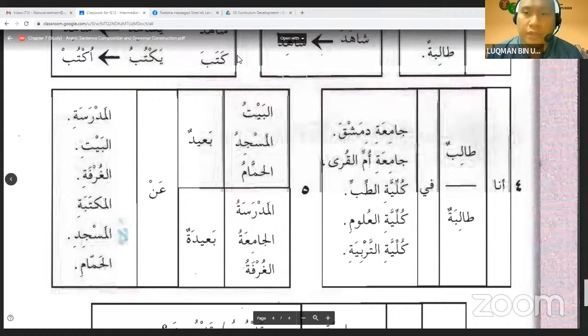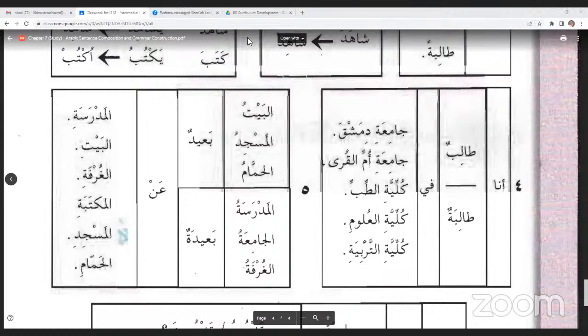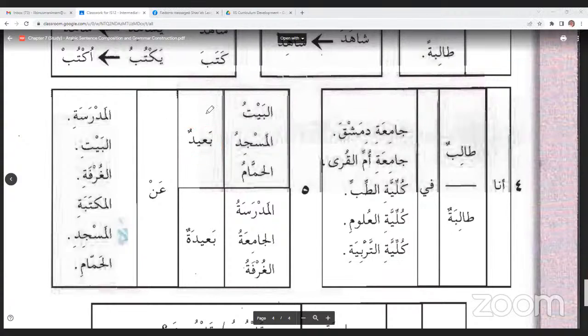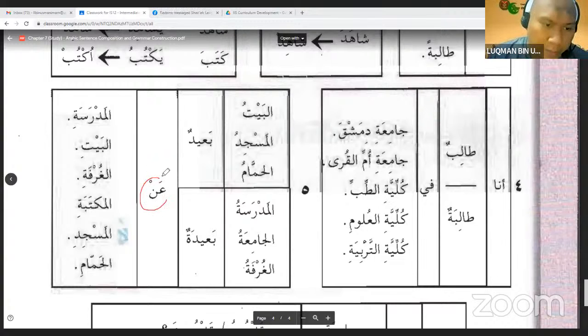Okay. Yes, Almuntazar. Prof, yung number 5, yung albaytu baidun an anil madrasa. Prof, kapag naging karibon ito, magiging minto. Tama ba? Yes, that's right. Very good. If we're gonna change the adjective, or rather the adjectival predicate, this is a predicate, to qaribun, you're gonna use the preposition min.